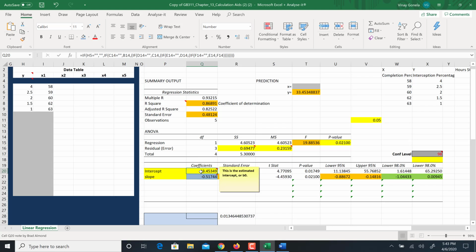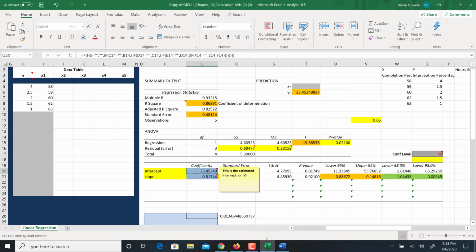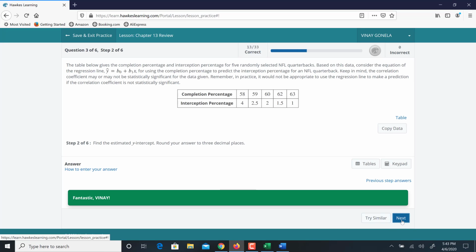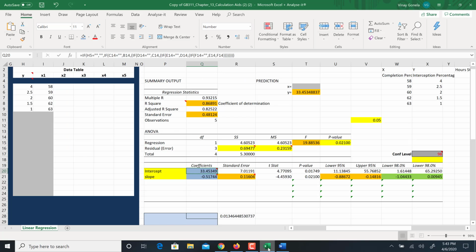The y-intercept would be 33.45. So this 33.45 would be our y-intercept. Find the estimated value of y when x is equal to 60. So now I will put x equal to 60 here. So that is 2.40. So I will type in this 2.40.